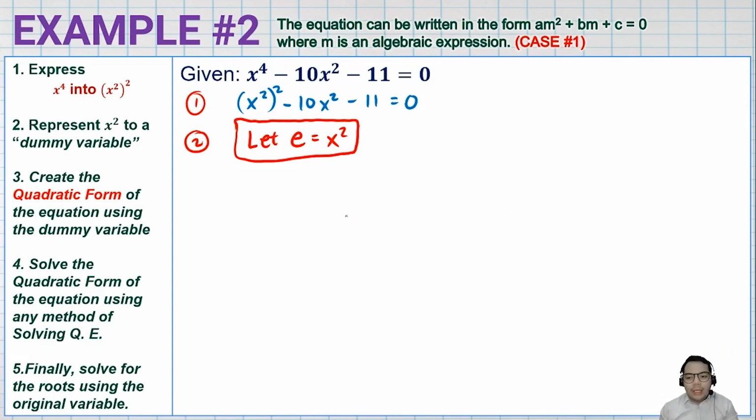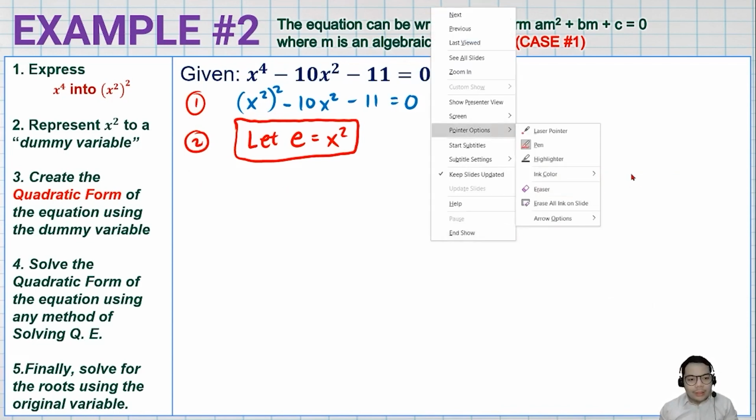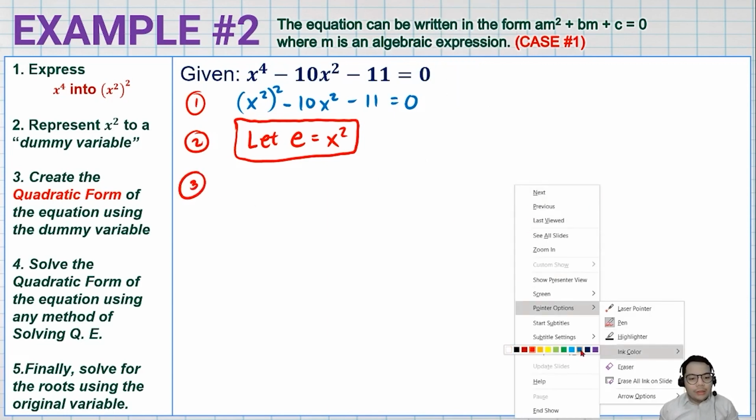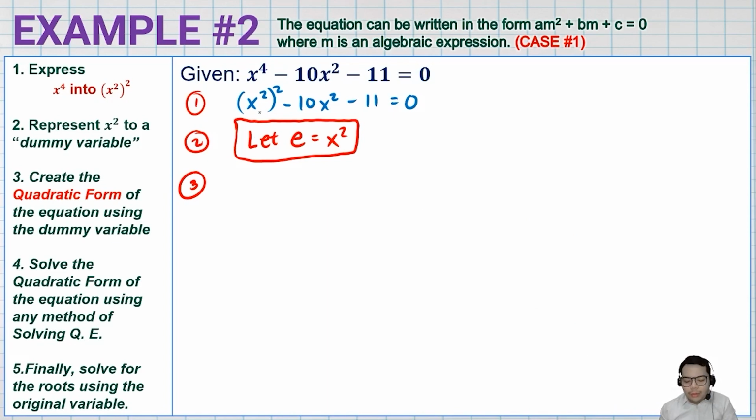Step 3, create the quadratic form of the equation using the dummy variable. So, ito yung step 3 natin. Create daw tayo gamit yung E. So, all we need to do is to replace x squared. Papalitan natin siya ng E, so gagawin natin E squared.